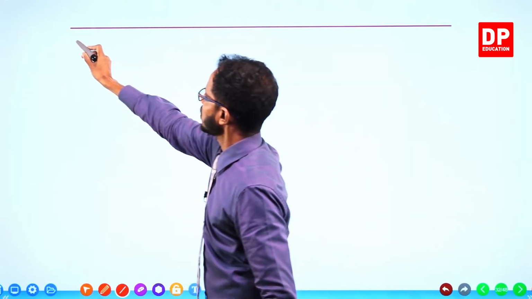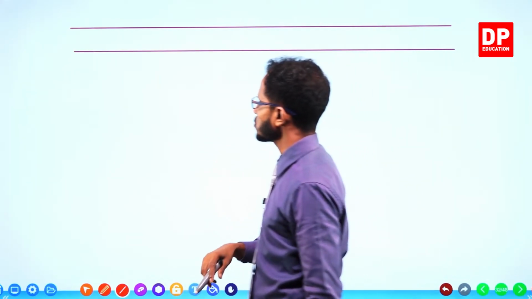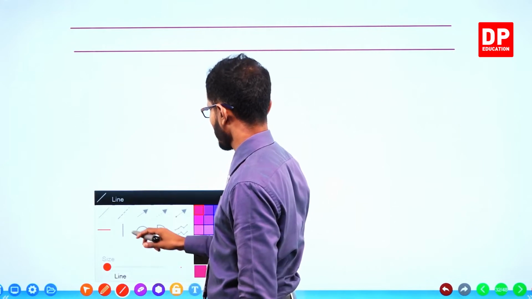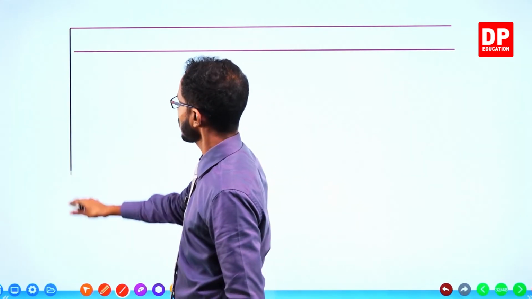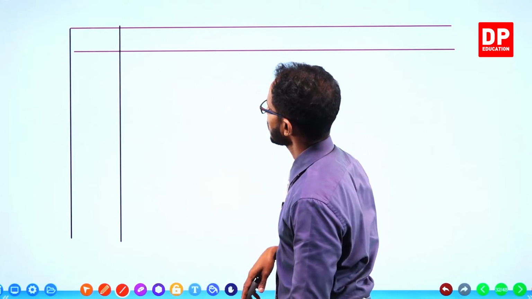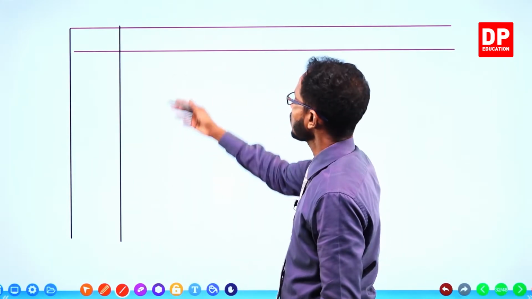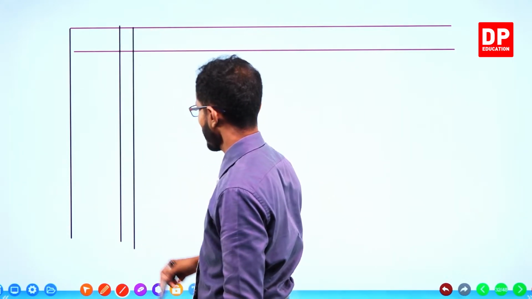All right. Headers. The receipts column. Next we have the ledger folio column.